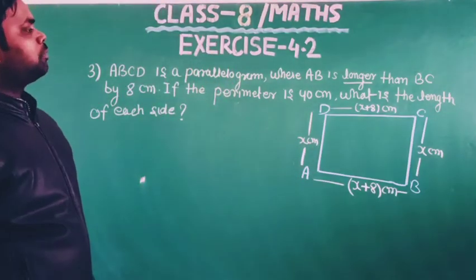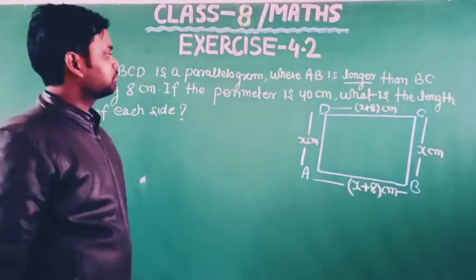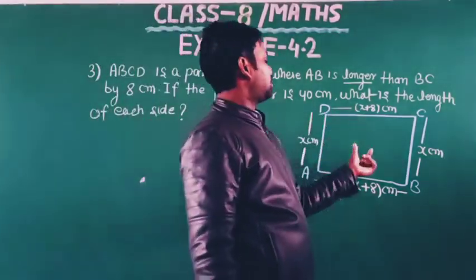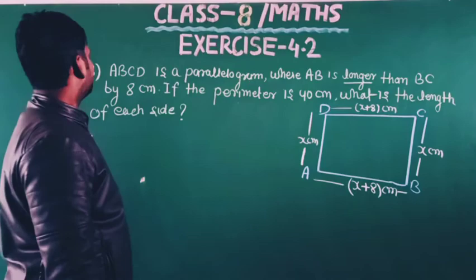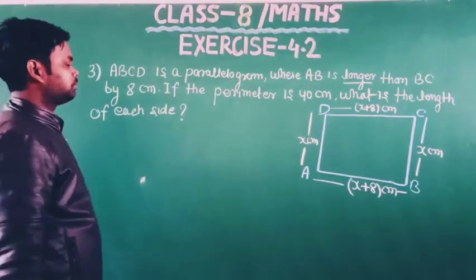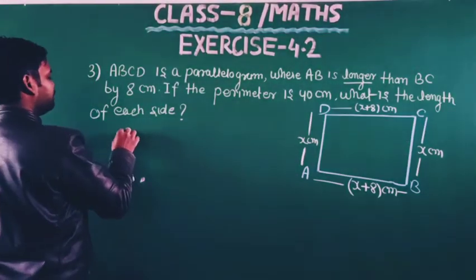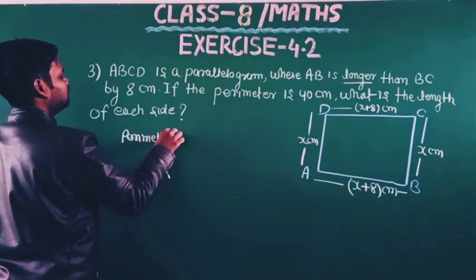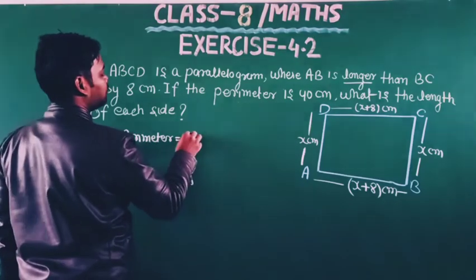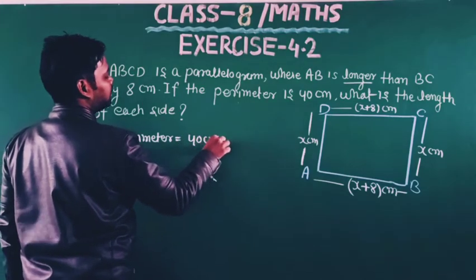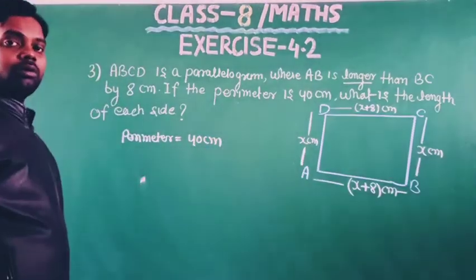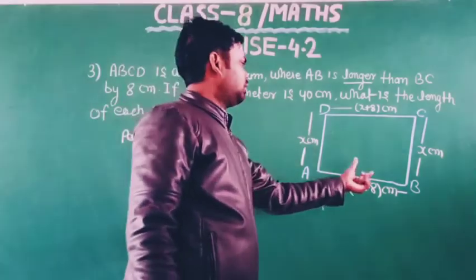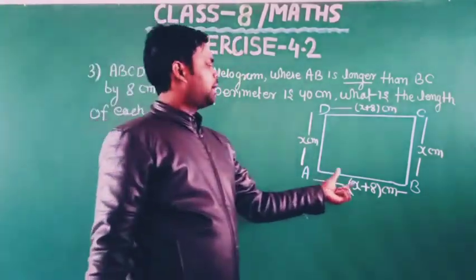We have to find the length of each side. The perimeter is given as 40 centimeter.